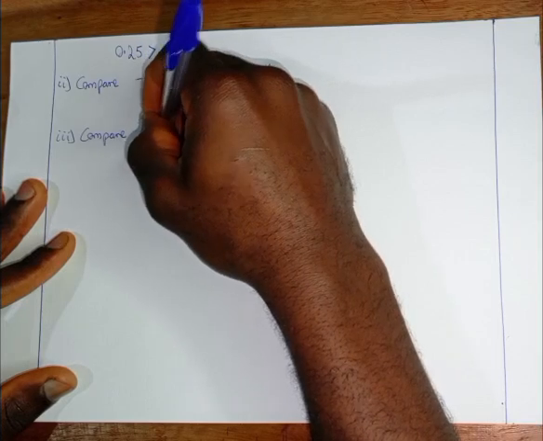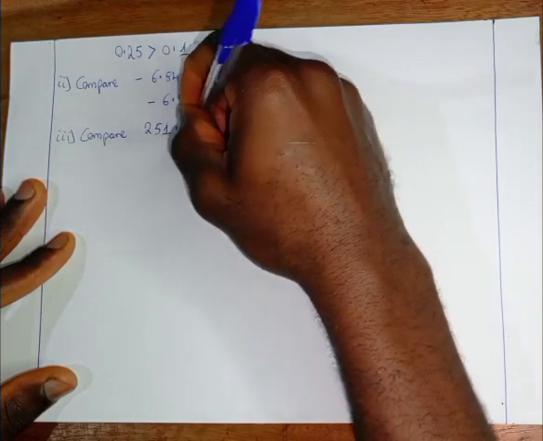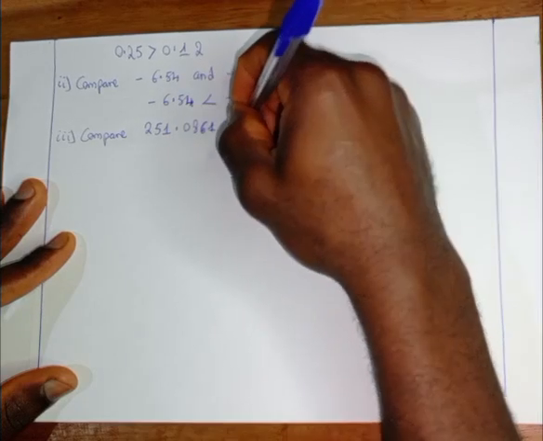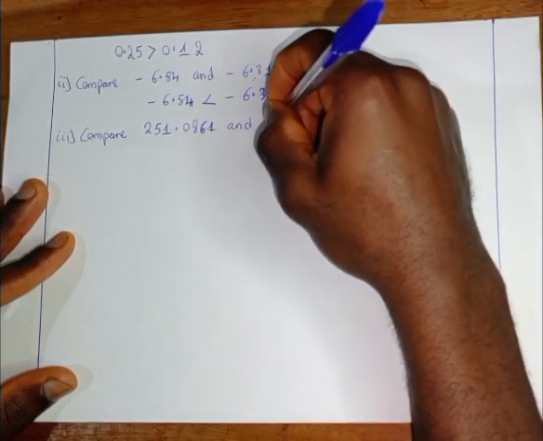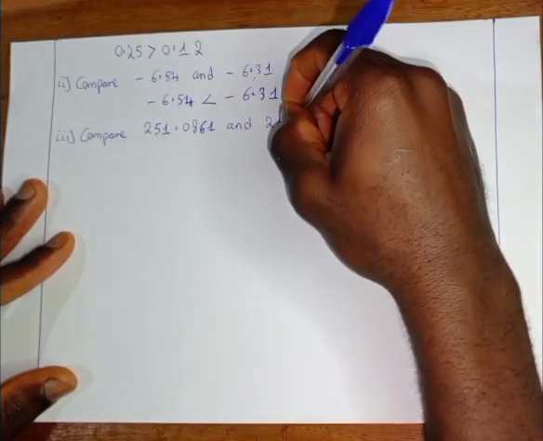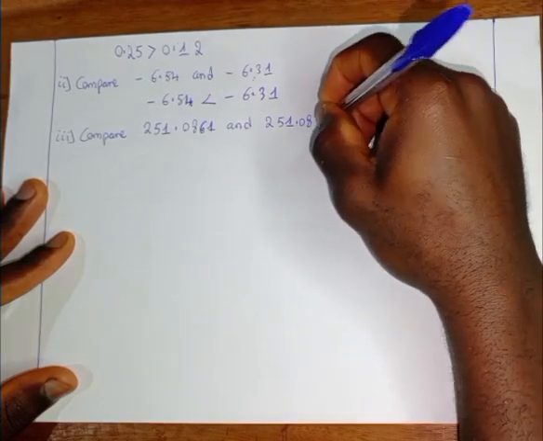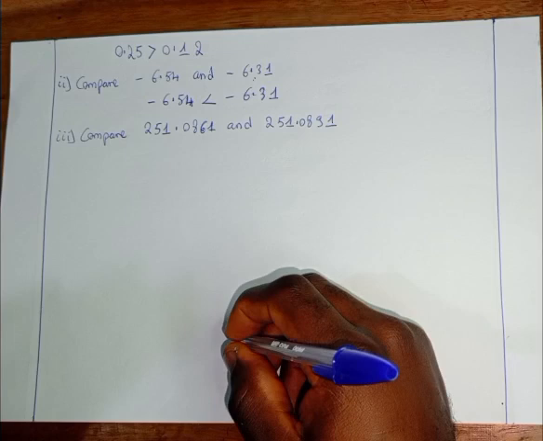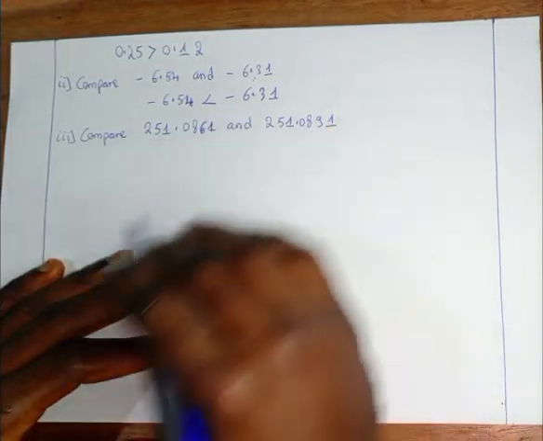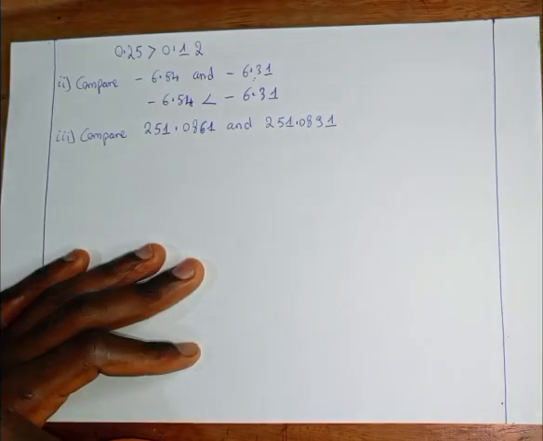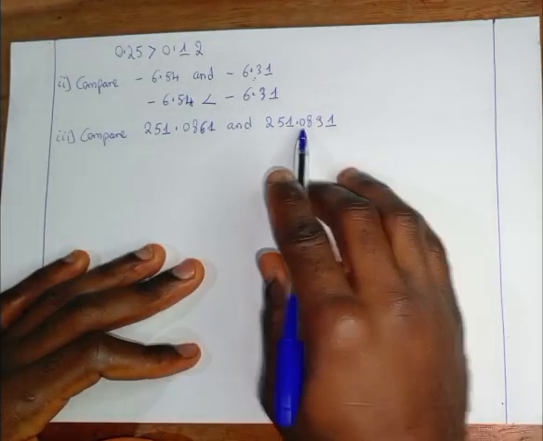We take 3i, says compare 251.0861 and 251.0891. In this case, you see that their whole number parts are the same. The first two digits after the decimal point of the two numbers are the same.